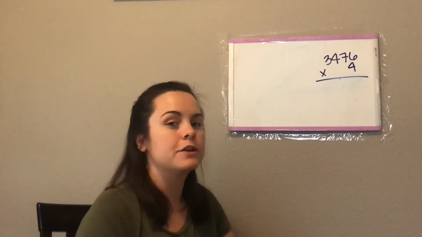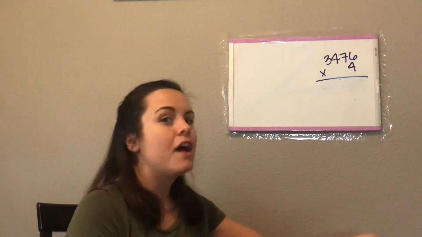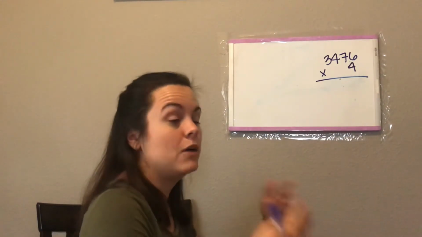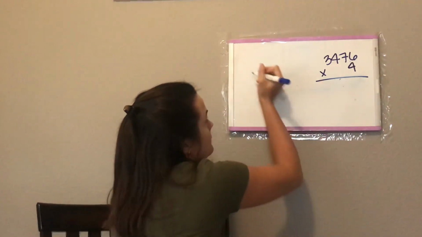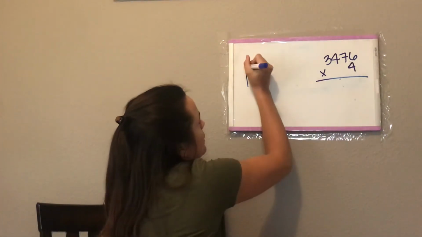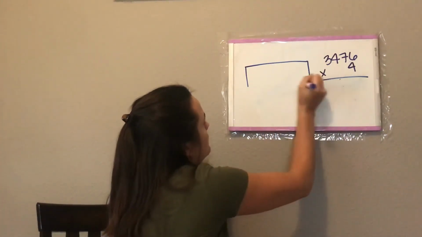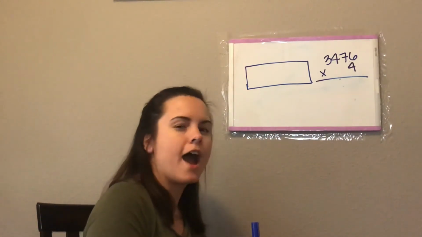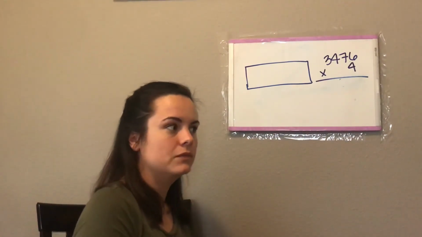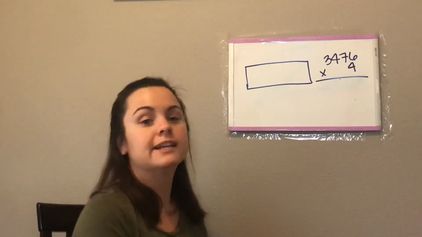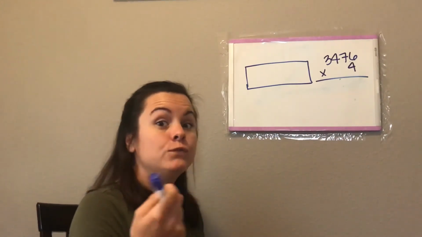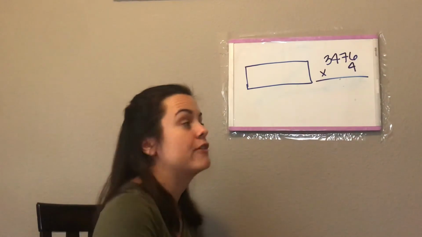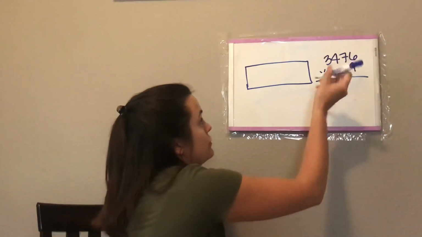So I'm going to draw an area model, and then I'm going to have y'all help me figure out how we need to set it up. So we have our rectangle. Alright, so what is the first thing that I should do? Okay, yes, I can break it into fourths. Yes, because we have 4 place values.